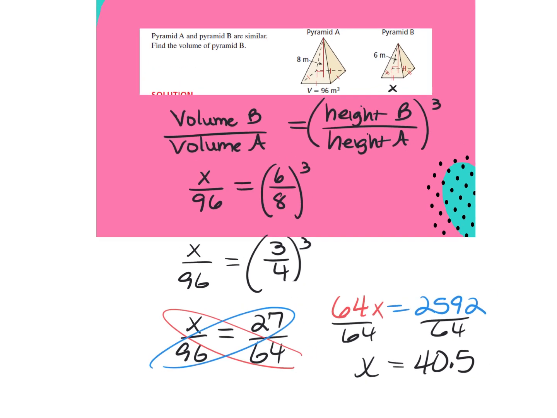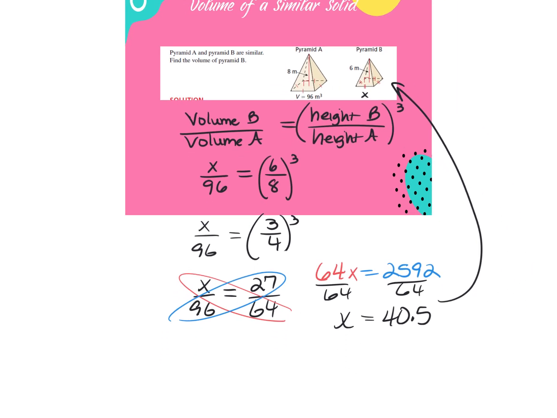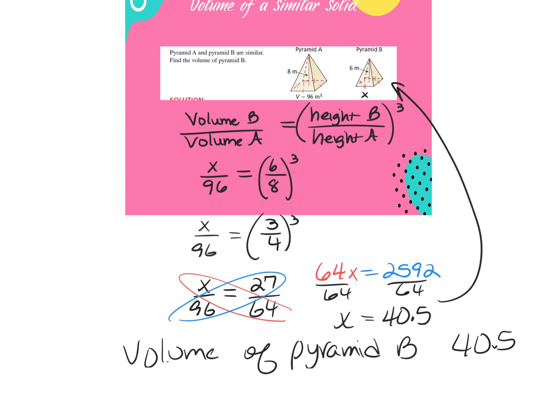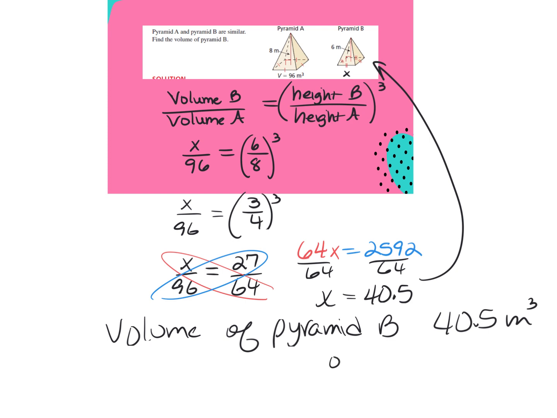Now remember, we said X was the volume of pyramid B. So the volume of pyramid B is 40.5 cubic meters. So meters to the third, or you could write out the word cubic meters.